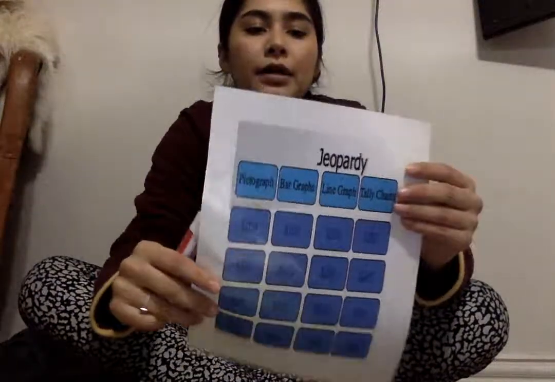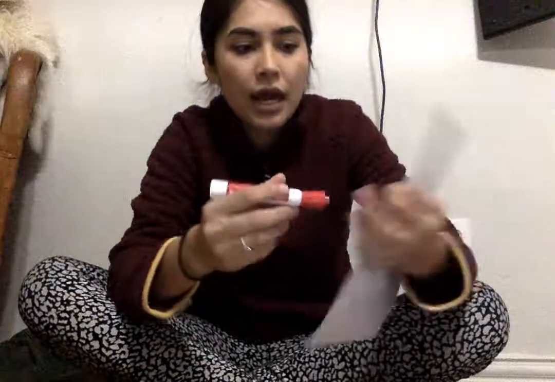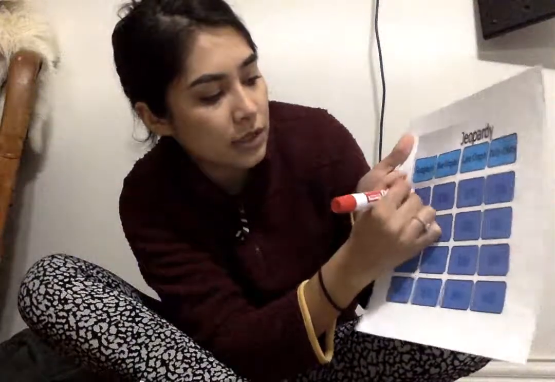And so as the students go on into playing the game of Jeopardy, they would just be crossing out which ones they're selecting. So if a student selects pictograph for 100, they would just go in there and cross out 100 for pictograph, or for bar graphs 200.